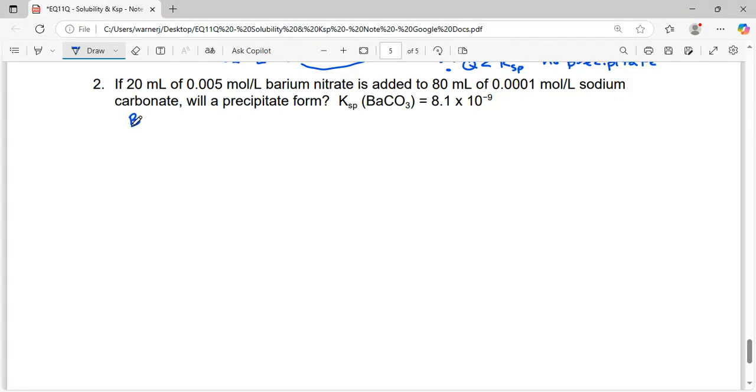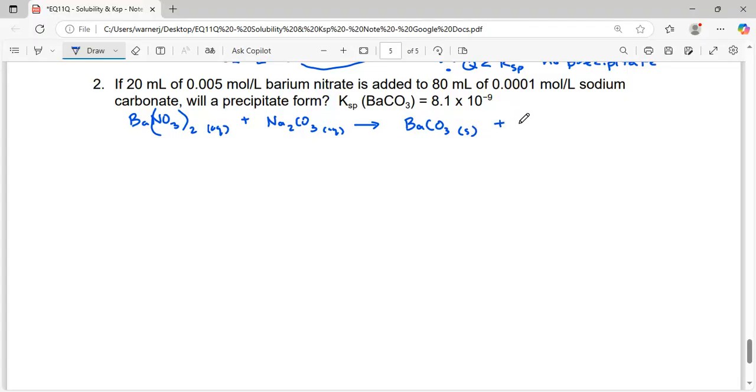If I were to take barium nitrate, Ba(NO3)2, and set up my double displacement with sodium carbonate, Na2CO3, this would produce barium carbonate, and according to the solubility rules, that's insoluble.